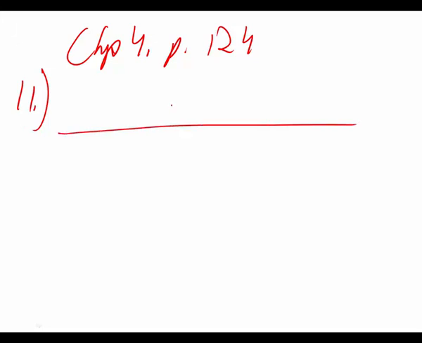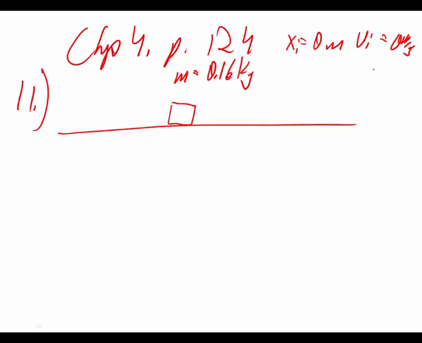So we've got a hockey puck, and it has a mass of 0.16 kilograms, is at rest at the origin. Now it's very important: it's at the origin, x initial is 0 meters. It's at rest, v initial is 0 meters per second. Very important you write all this down as you go, okay?